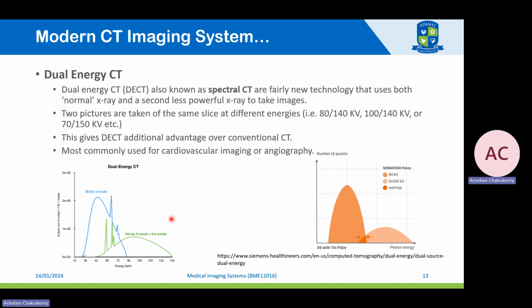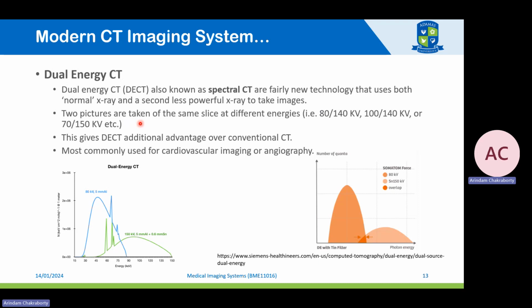Generally the X-rays that are used have energy of around 140 to 150 kilovolt. So there are two pictures taken at the same time at different energy levels, as we can see here, either 80 or 140 kilovolt, 100 or 140, or sometimes 70 or 140 kilovolts.